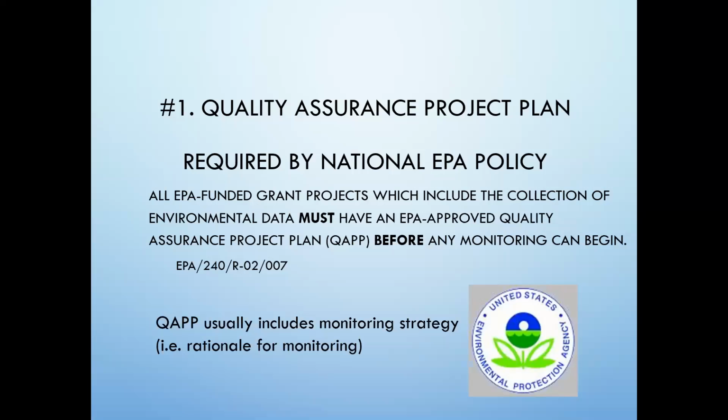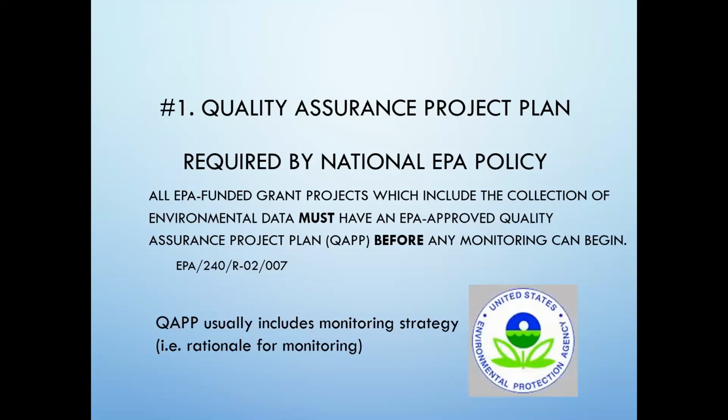So taking a closer look at the QAPP, which will include the monitoring strategy as well. This is required before any monitoring begins using 106 funds. So this is a very important document for guiding your field and lab procedures, ensuring the quality of the data that you produce, and sustaining your program by providing monitoring protocols for future staff members.